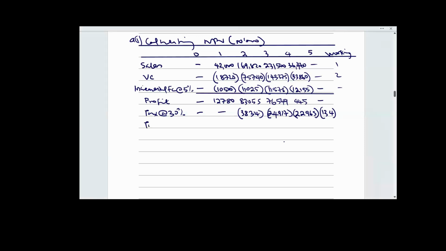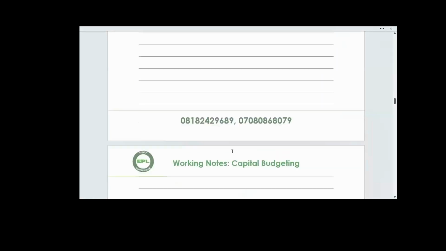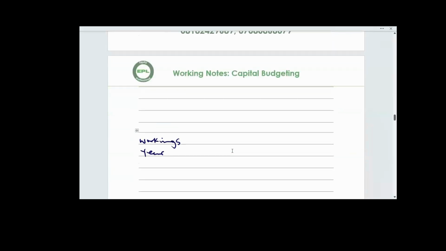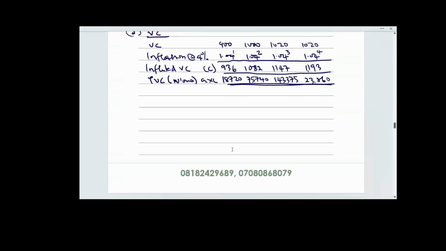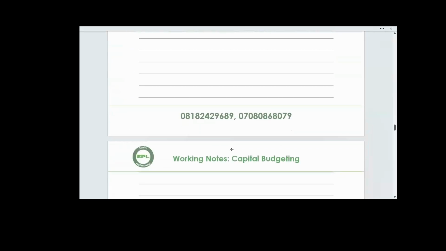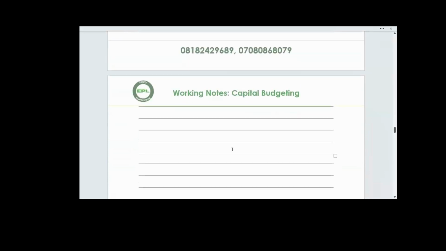So I will say tax saved on capital allowance, based on the format. Your capital allowance must follow the pattern of your tax liability. Therefore, let's go and work out the capital allowance, working number 3.